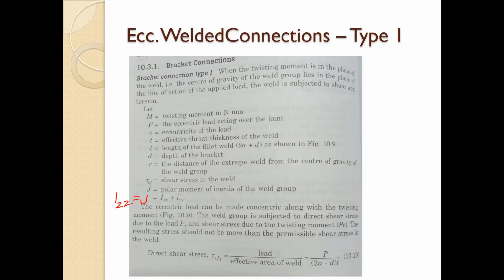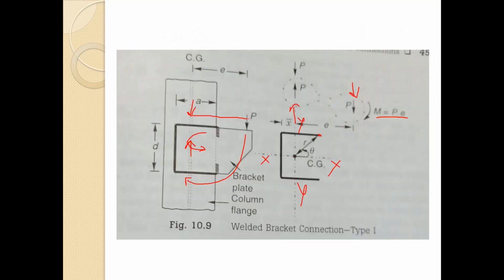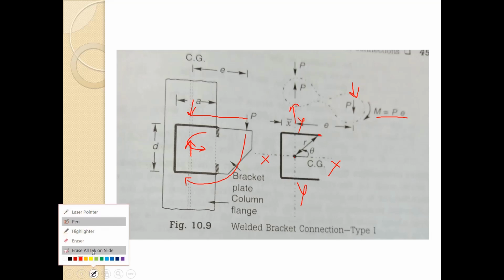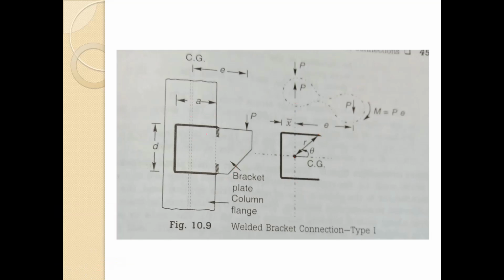We have learned that due to twisting moments there is always a generation of shear stress. When this thing tries to rotate this particular frame, obviously there will be a shear force. Let me clear this slide. So this thing tries to twist this connection in this direction, it will try to rotate like this.